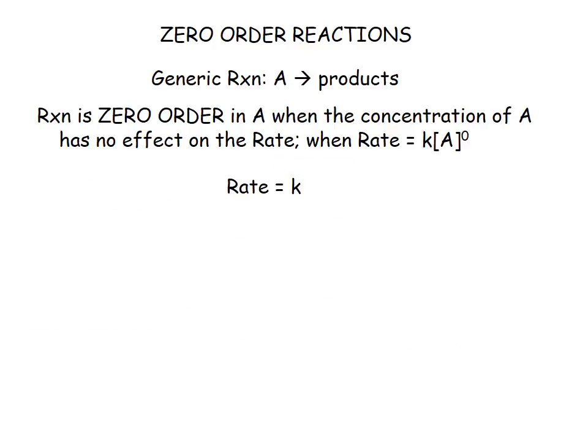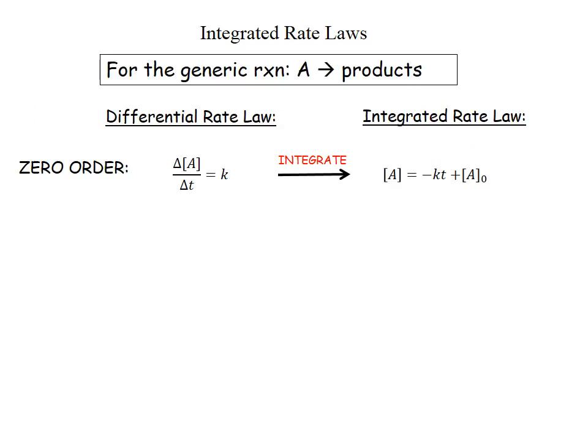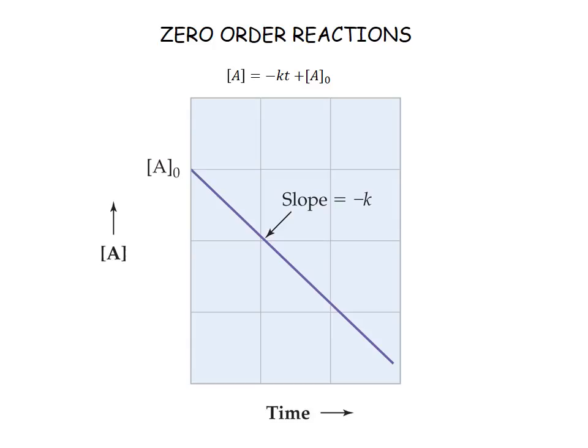Now, if we think about zero order reactions, remember that a reaction is zero order in A when the concentration of A has absolutely no effect on the rate. So the rate equals k times A to the 0 power, and of course anything to the 0 power is 1. That reduces the expression to rate equals k. Over here on the right, I'm just putting it at the top.